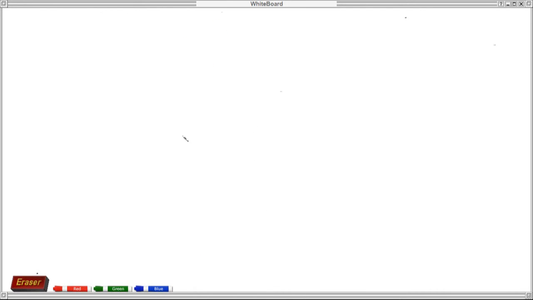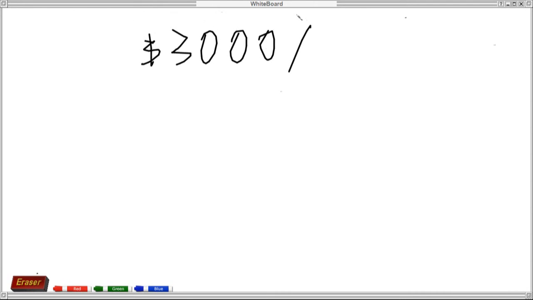So let's say your weekly budget is $3,000 per week. This is only a weekly budget, how much you have to spend to buy whatever resources you want. Let's say you're a cell phone reseller or a retailer or whatever.